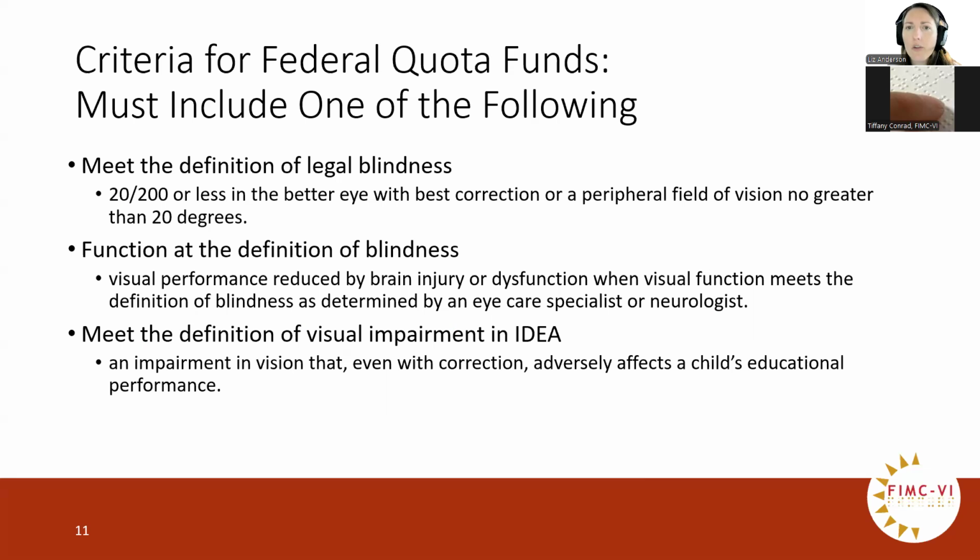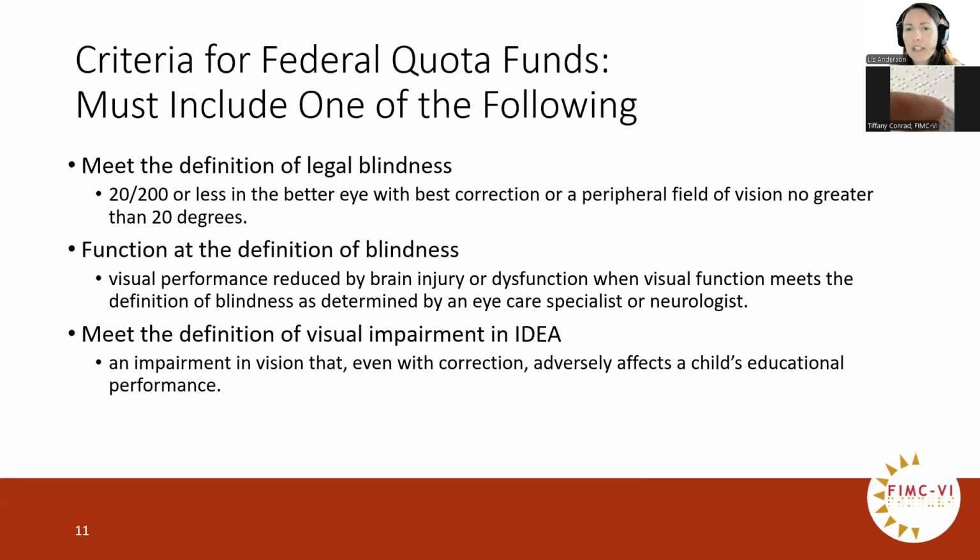A student had to either meet the definition of legal blindness, which is 20/200 or less in the better eye with best correction, or a peripheral field of vision no greater than 20 degrees, or function at the definition of blindness, which is visual performance reduced by brain injury or dysfunction when visual function meets the definition of blindness as determined by an eye care specialist or neurologist, which is essentially your students with neurological visual impairment.